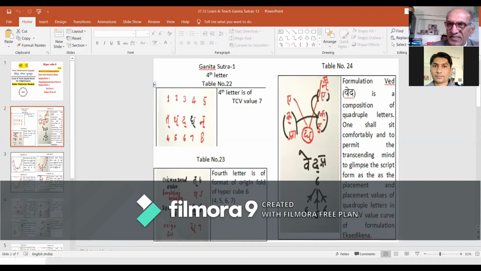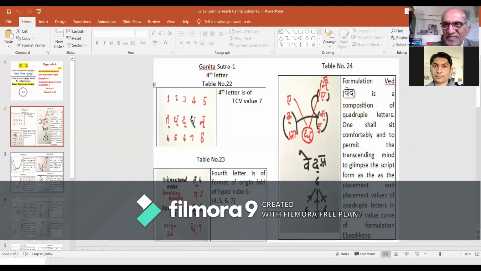Sun is a 6 space body. Pole star is a 7 space body. The interrelationship of placements of Surya and Dhruv is as of 6 space as a domain and 7 space as an origin.